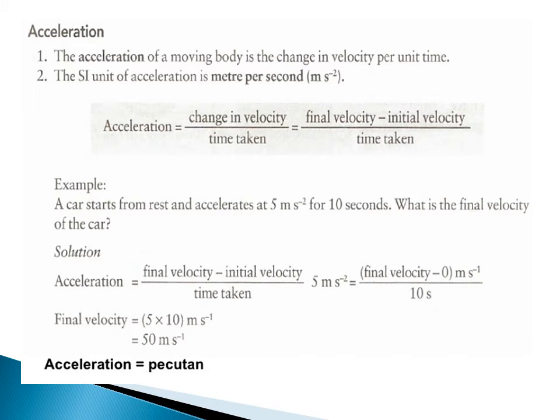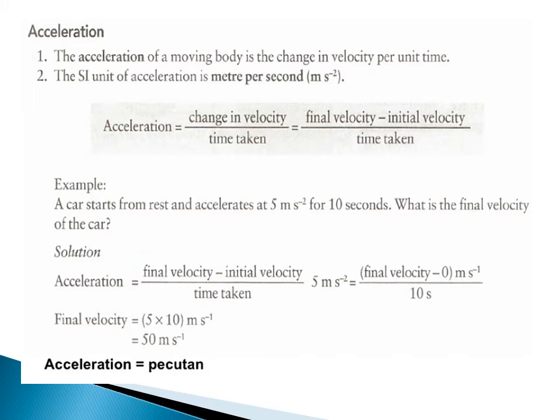Starting from rest means it starts from not moving, so the initial velocity is 0 meter per second. Second point is accelerates at 5 meter per second squared, meaning they already give us the acceleration value. The time taken is 10 seconds.